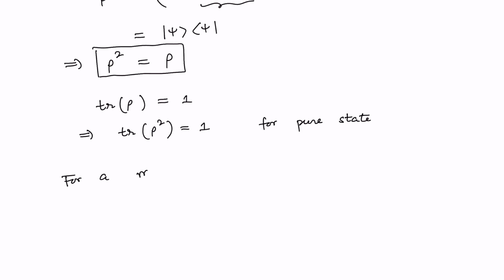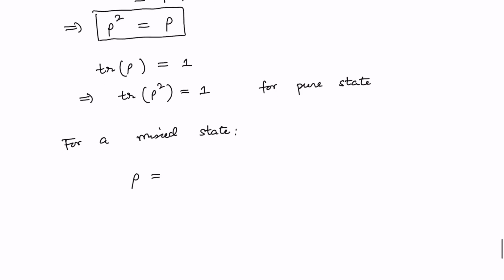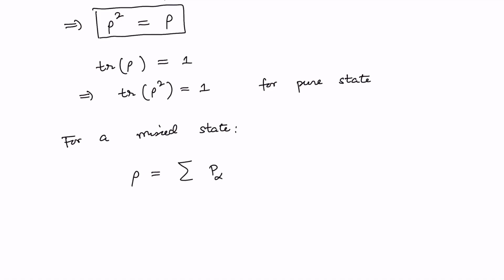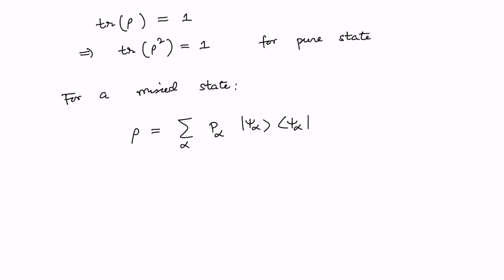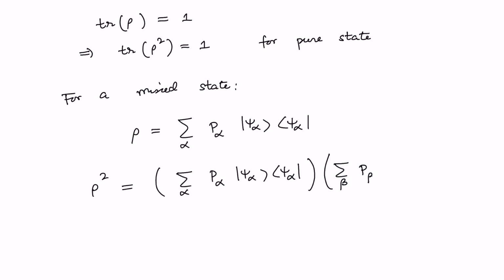For a mixed state, we have rho equal to summation P alpha |psi alpha><psi alpha|. Let me again take rho square. Rho square would be, for the first rho I have sum over alpha P alpha |psi alpha><psi alpha|. For the other rho, let me write here sum over beta P beta |psi beta><psi beta|.